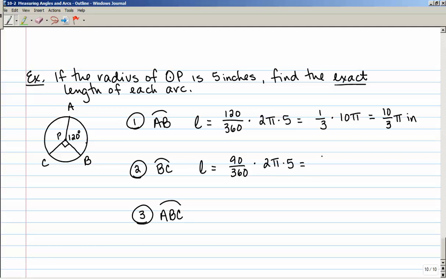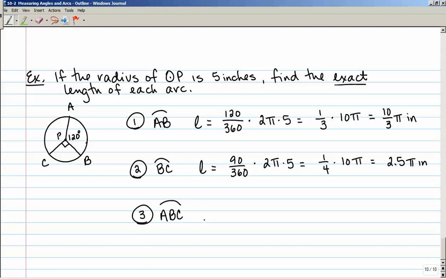So 90 over 360 is 1/4 times 10 pi, reducing that, 2.5 pi inches. Remember, arc length is if I could take a tape measure and measure how far it is from B to C, what that distance is.